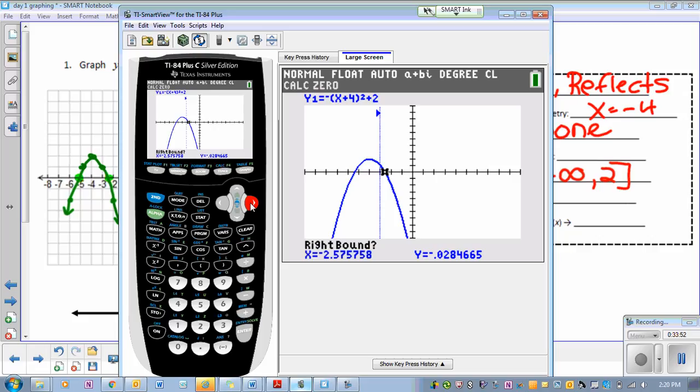So right arrow 1, 2, 3, or 4. Then hit enter. Hit enter again. You should have this: negative 2.59. We'll round up because it's 85. So negative 2.59, comma 0.